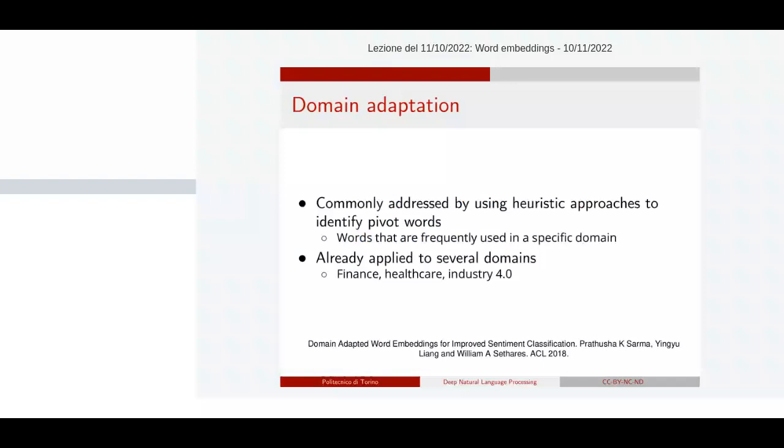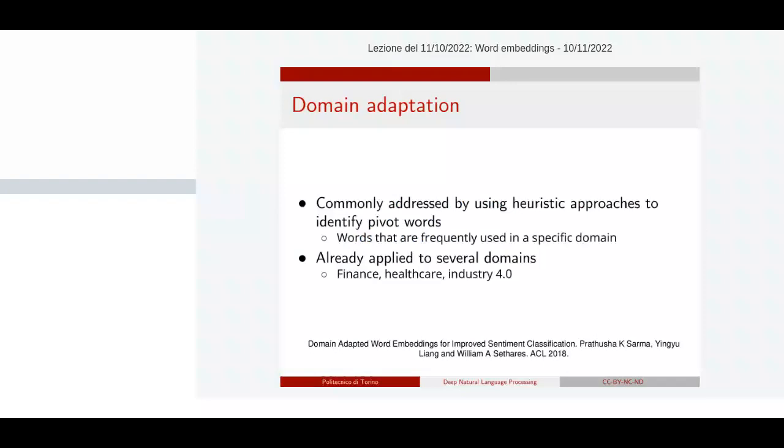A common way is also to identify and try to focus on specific pivot words that are domain specific. This is what computational linguistic experts usually do. In order to characterize a domain, they try to highlight the keywords that are most peculiar to a given domain. You can do this automatically or semi-automatically when doing domain adaptation.